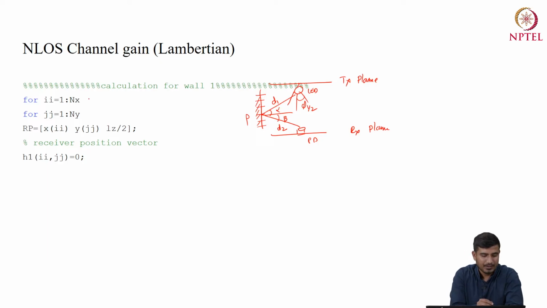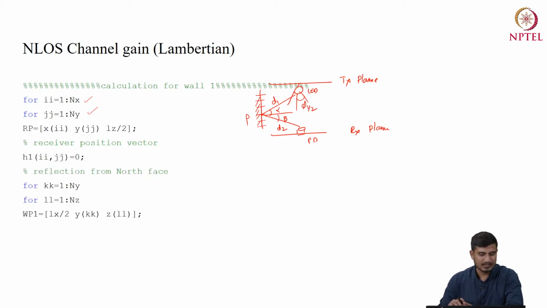For that you can run a loop ranging from nx to ny. Nx and ny are the number of grids that you are dividing, and this is the receiver position we have specified here, which will vary in x and y coordinates and remain constant in the z coordinate. Based on that receiver position, to store the values we specify a vector h1, which will store the value of the non-line of sight reflection gain from each grid.